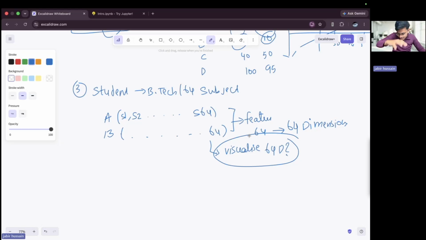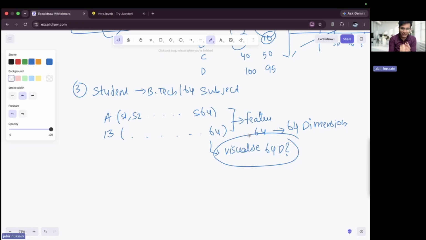Just assume that you have created some way, and with that method you're trying to see n dimensions. Then you can just plot the points, and automatically from the pattern you can see which groups of students have good marks and which groups of students have less marks.